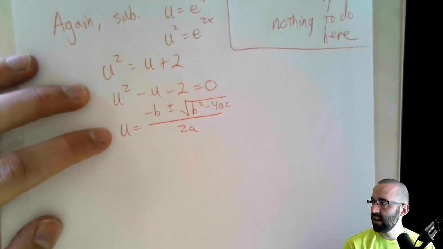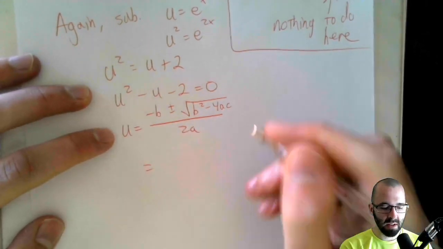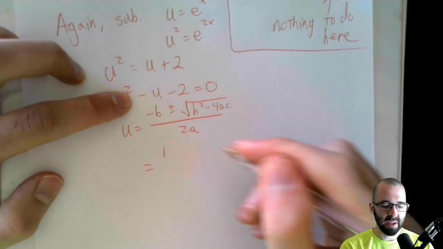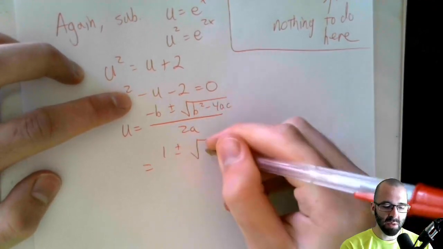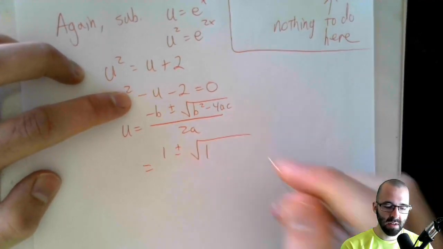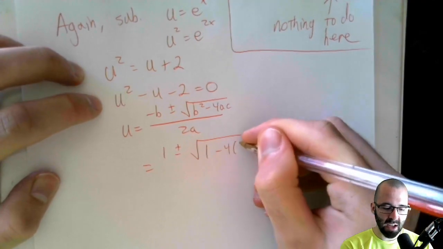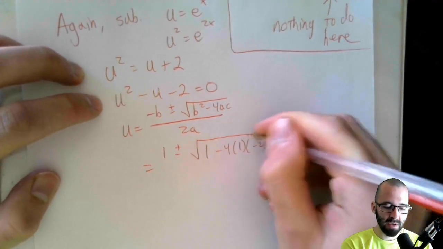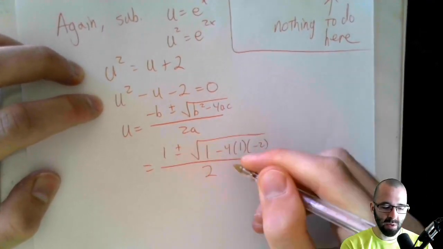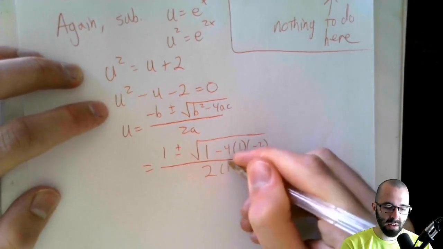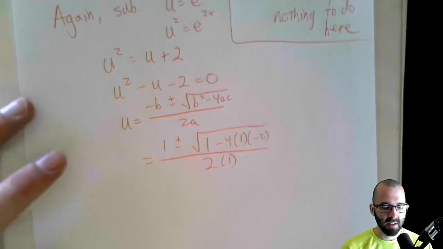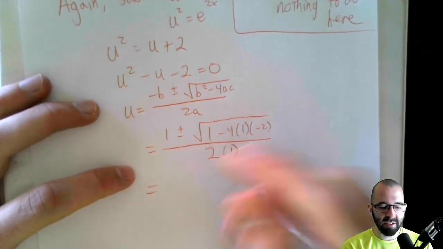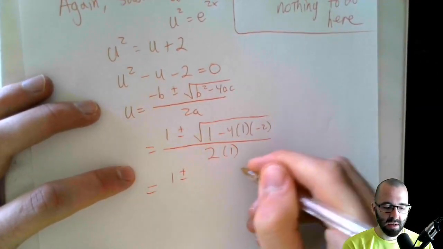And we'll just plug that in and do it step by step. b is negative 1, so this becomes a positive 1, plus or minus the square root of negative 1 squared, which is again positive 1, minus 4 times a, which is 1, times c, which is negative 2, all divided by 2 times a, which is 1. And then again, you just simplify it. Your calculator can help, but be very careful when you use it.